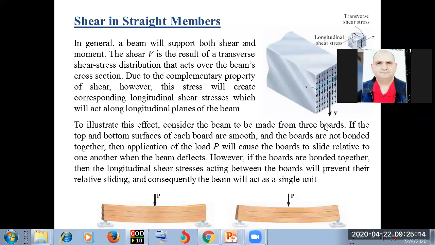Shear stress, as I've mentioned in the previous slide, the shear stress distribution, you've seen that the shear stress is distributed along the cross section.